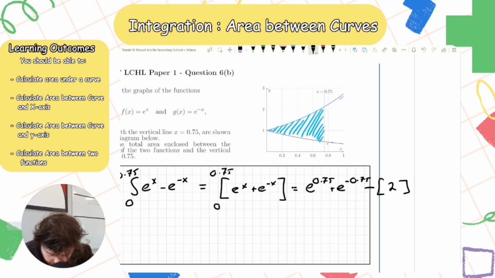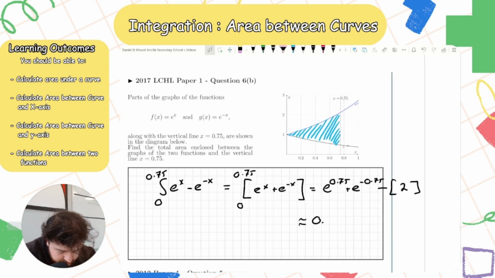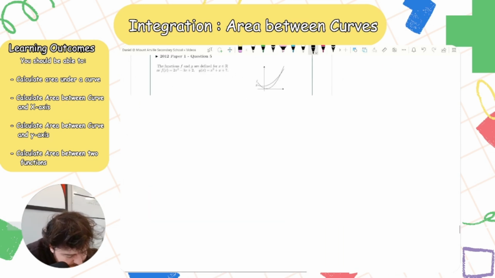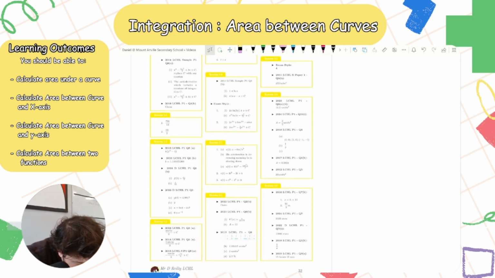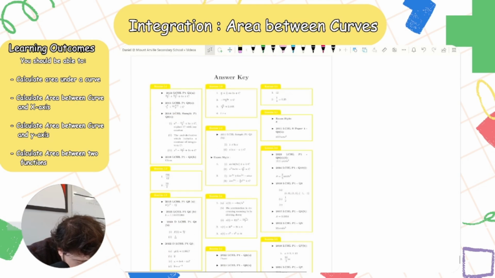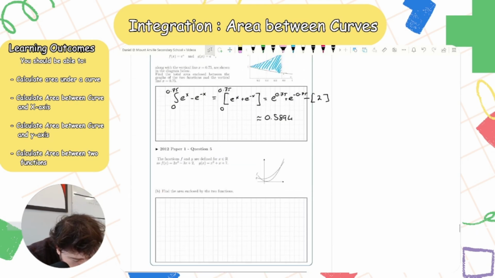So e to the power of 0.75 plus e to the power of minus 0.75 minus 2. And my answer here is going to be 0.5894.